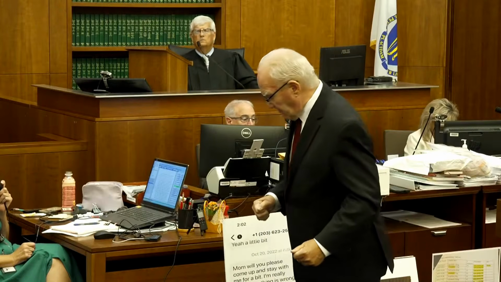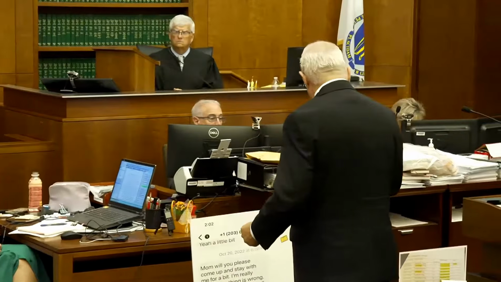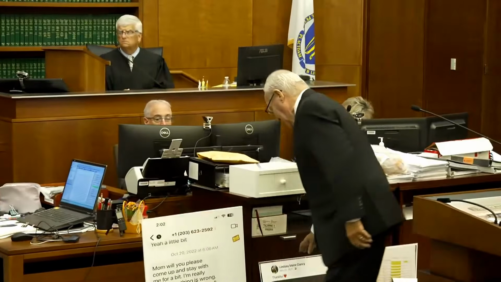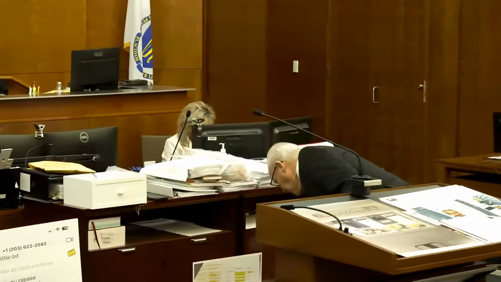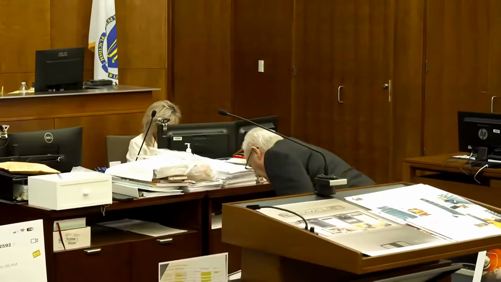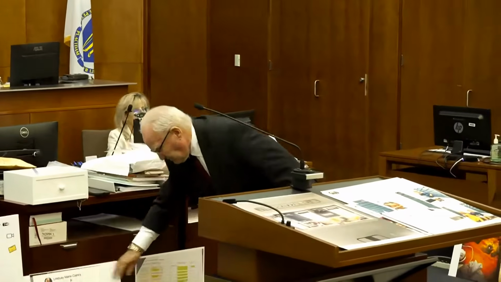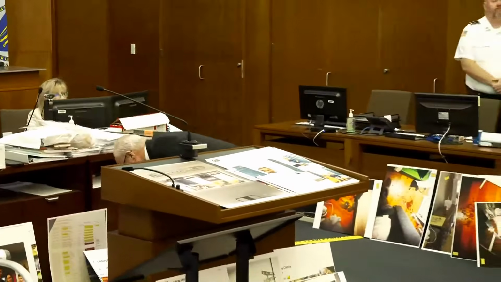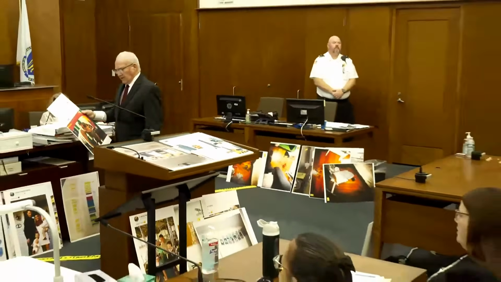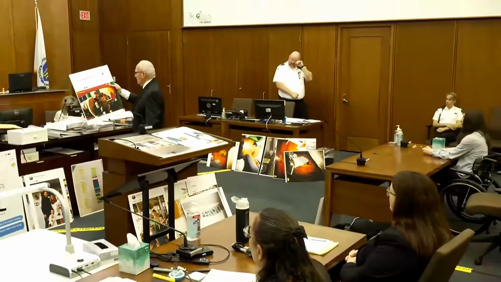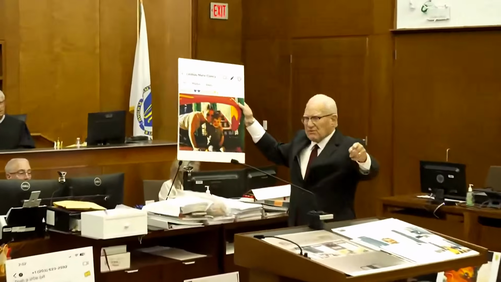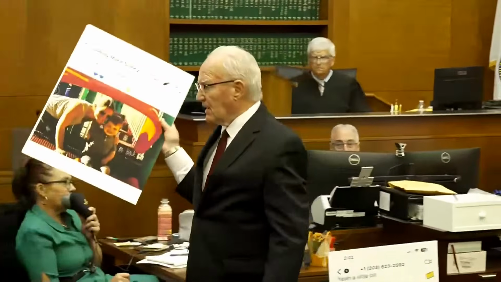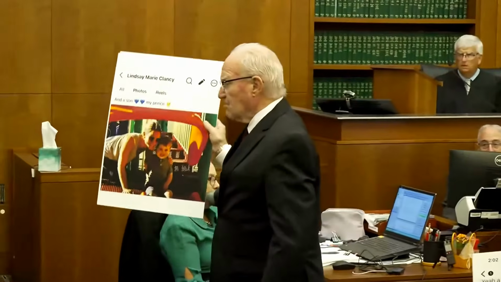You can see from the objective evidence, and you'll have all the exhibits for you to look at, you can see by looking at these photographs, which you will have in the jury room. You can see the Facebook postings. You can see what she indicates about, for example, I just randomly grabbed this one, a son, my prince, that they would have you think she killed him first, cruelly, because she didn't like him. That is repulsive.